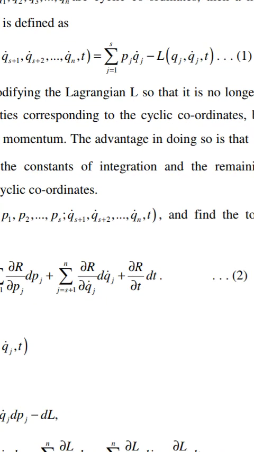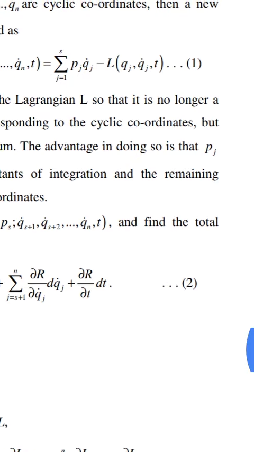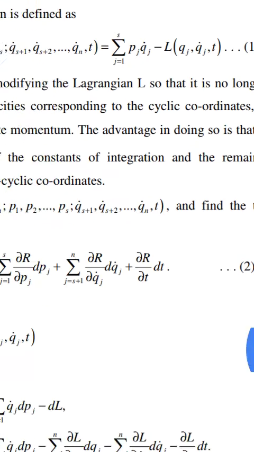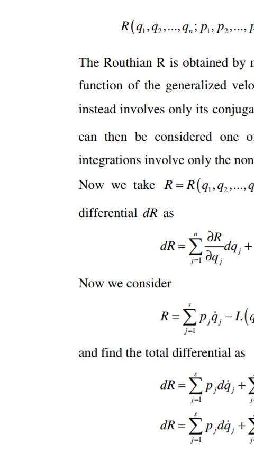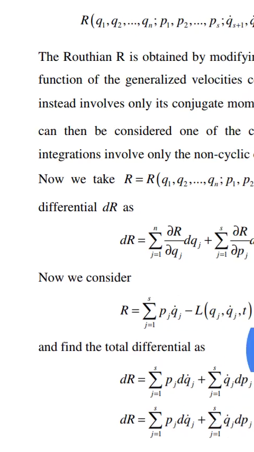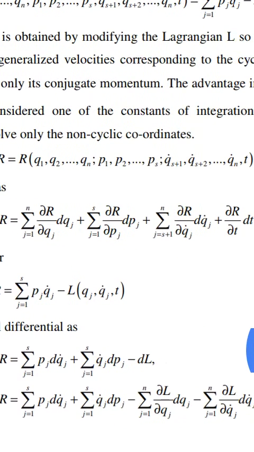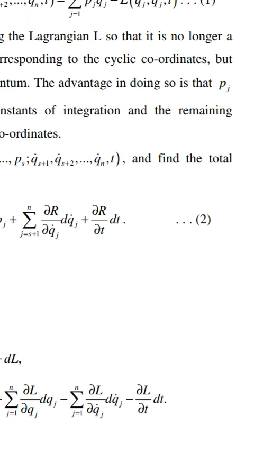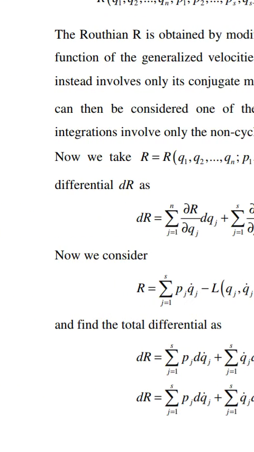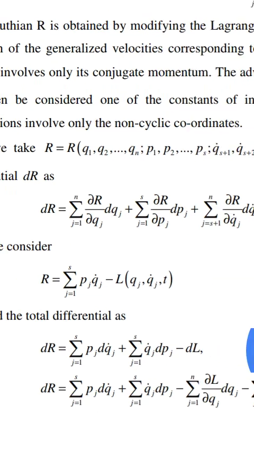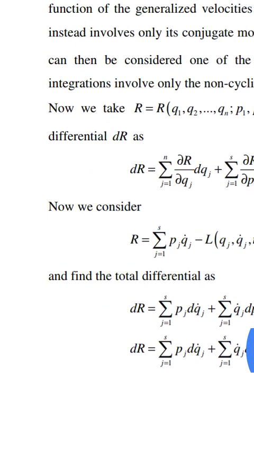The advantage in doing so is that pj can then be considered one of the constants of integration, and the remaining integration involves only the non-cyclic coordinates.